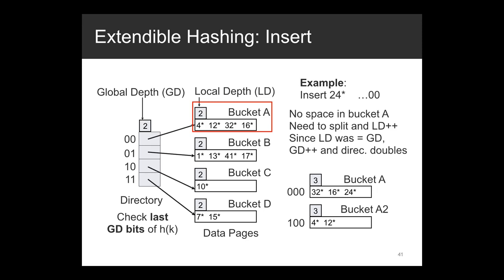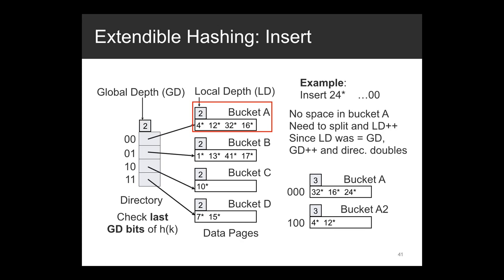Whereas here, the splitting of the keys that go into bucket A across these two new buckets happens by the third least significant bit. That is because the local depth has incremented by 1, so now you need to look at the last 3 bits instead of the last 2 bits. The last 2 bits here are both 0, 0 and 0, 0.